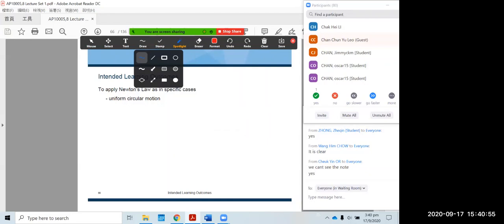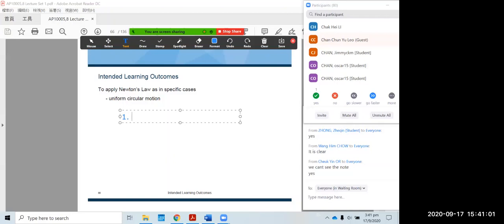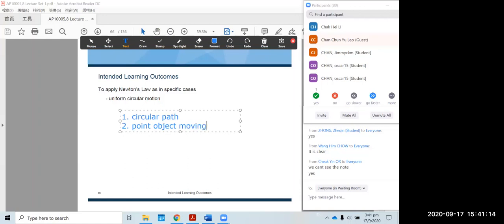Now, a lot of assumptions are here. The first one, it is a circular path, of course. And second one, it is a point object moving along a circular path, on a circular path with constant radius and constant speed.